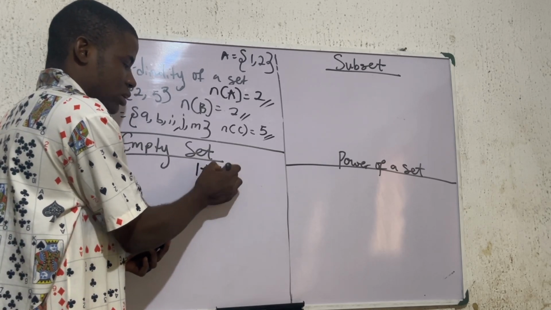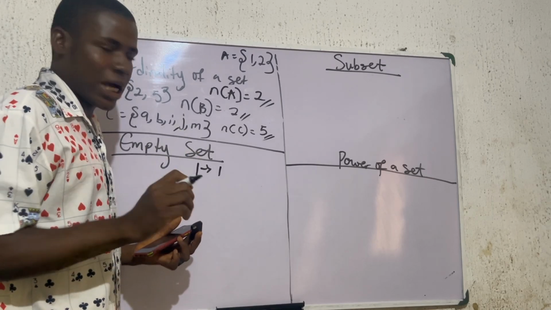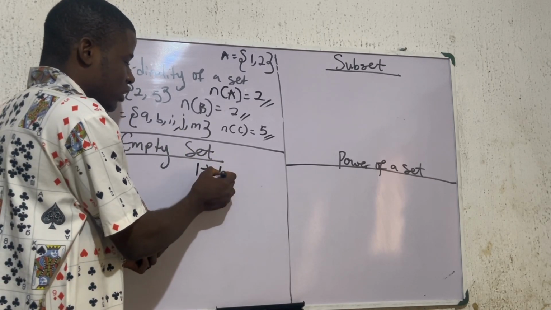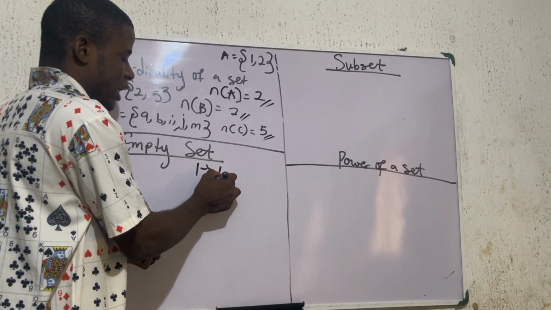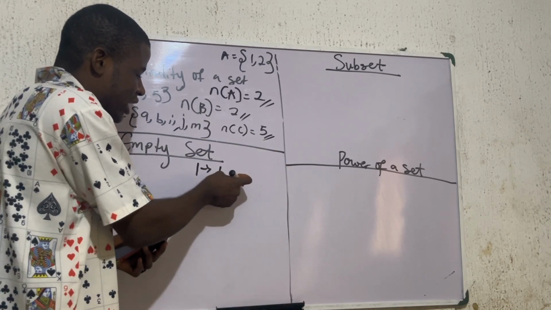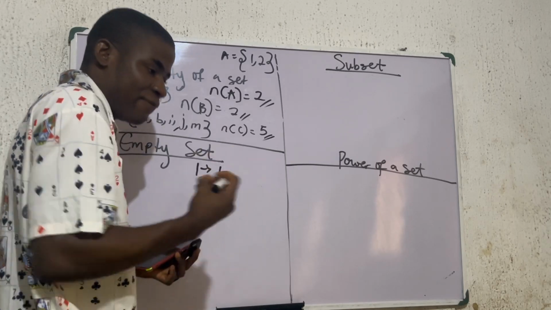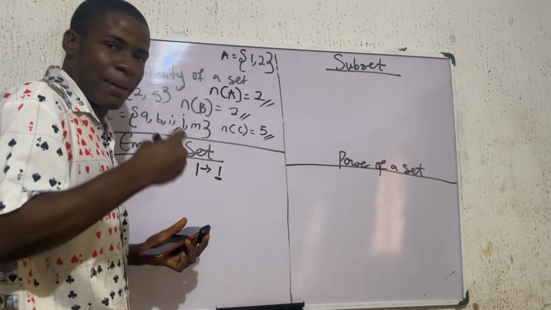Now, the factors of 1 is 1. That's the only number that can divide 1 without giving any remainder, which is 1. So there is a factor of 1. Is there anything that is a prime number here? Because prime factors of a number are those factors that are prime numbers.